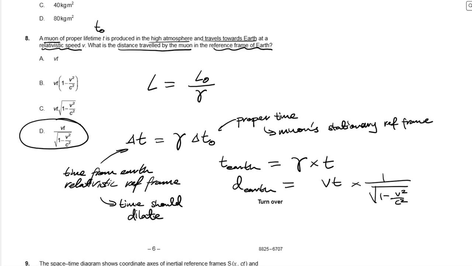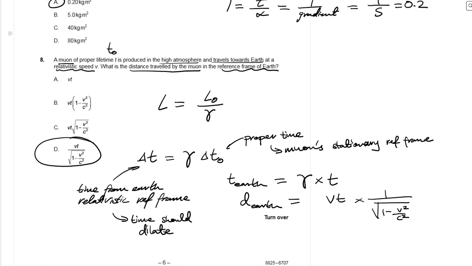Now, another way to do this is using the length contraction formula, which we have here. But the thing to remember is that we have to flip the reference frame. So let's draw a diagram actually. We have the muon in the atmosphere.